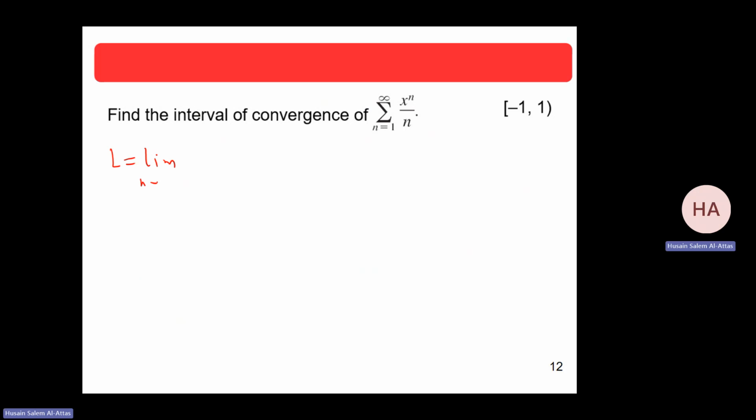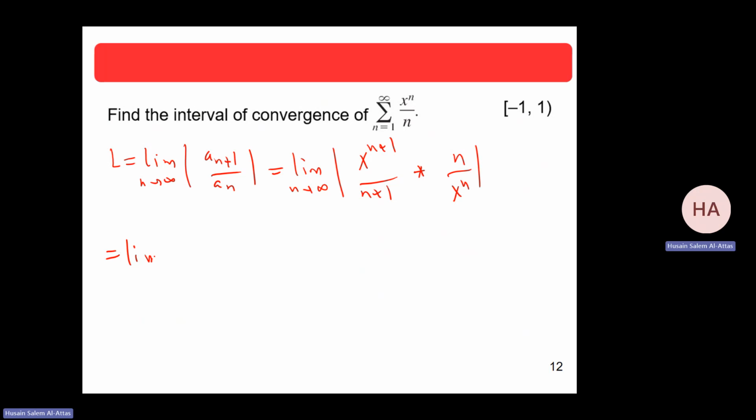Limit as n goes to infinity of a_(n+1) over a_n. That will be the limit as n goes to infinity of x to the n plus 1 over n plus 1, times the reciprocal of this, n over x to the power n. So I have the limit as n goes to infinity of x times n over n plus 1. x will not be affected by the n, so take it away.